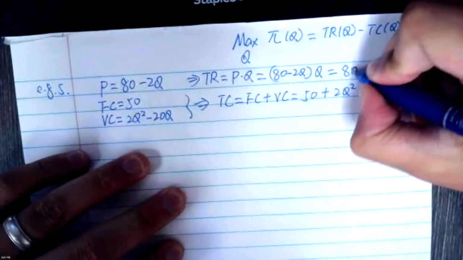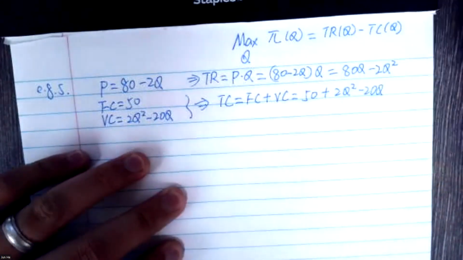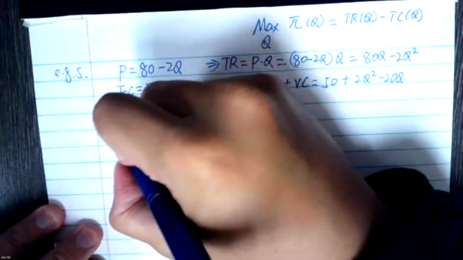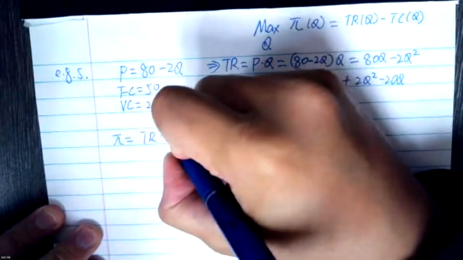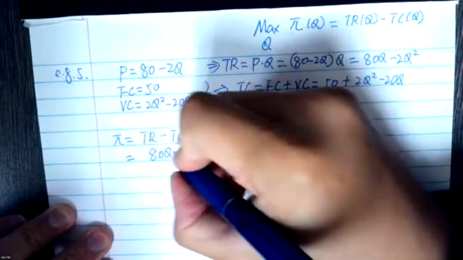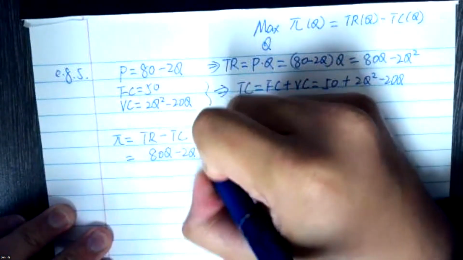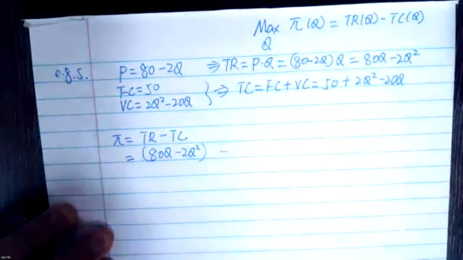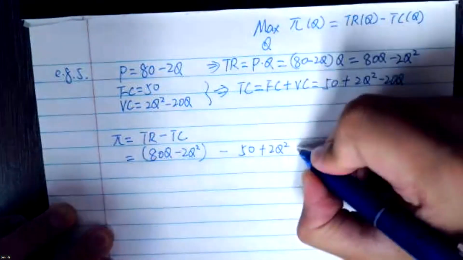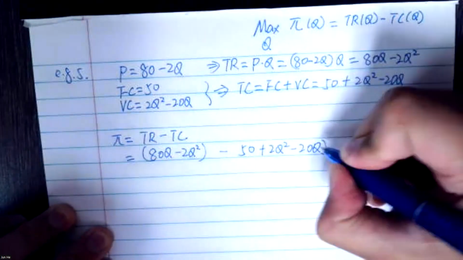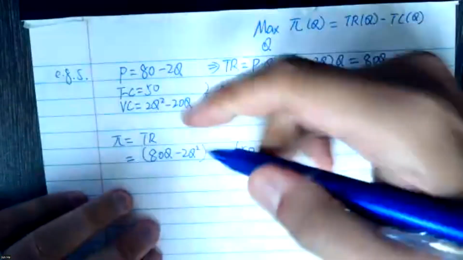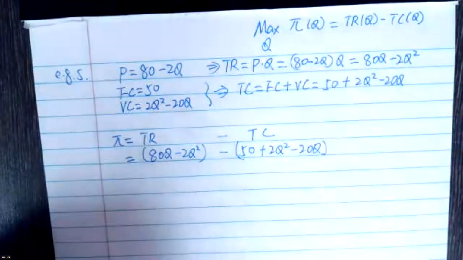So it's 80Q minus 2Q squared. Then profit is total revenue minus total cost. That is 80Q minus 2Q squared, your total revenue, minus the total cost, which is 50 plus 2Q squared minus 20Q. Don't forget to add a parenthesis, especially when a minus sign is involved.